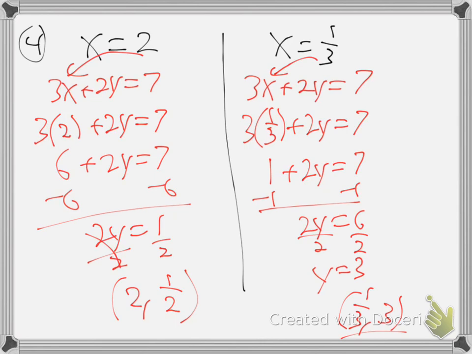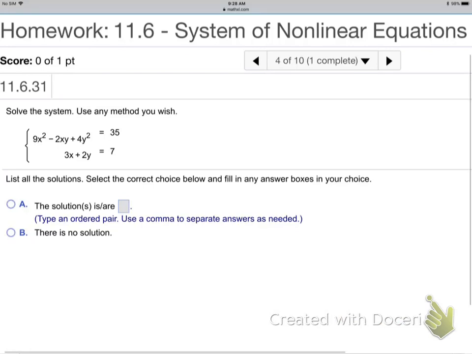I'll show you the first step. There is one thing you could do that would make it a little easier, not a lot. This is maybe what a little more experience will show you. Take that top equation, 3x plus 2y is 7.